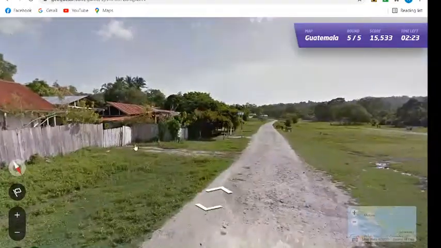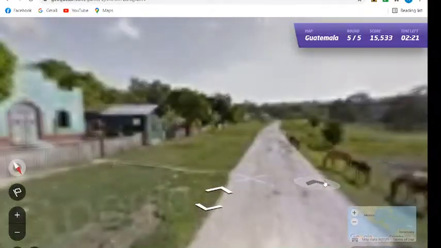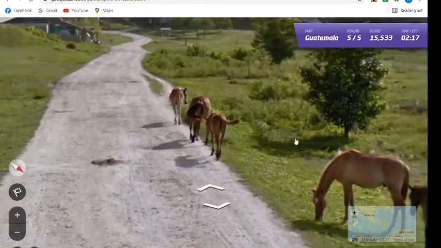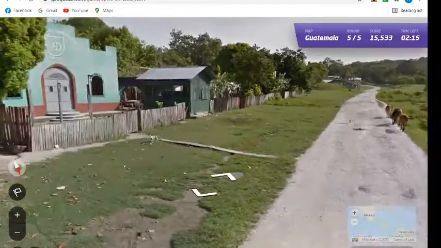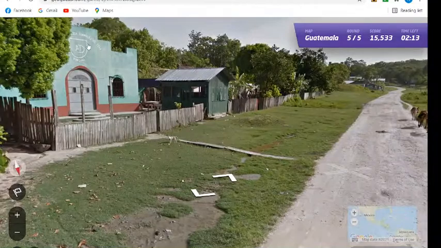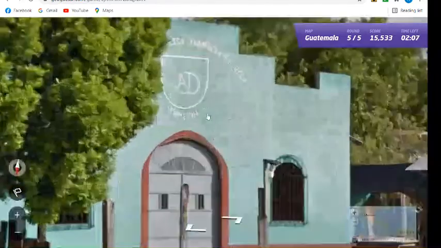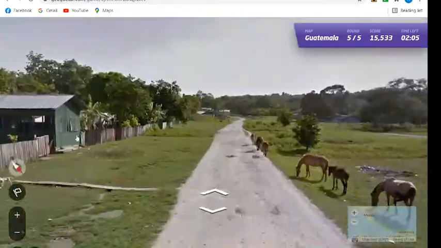There's the bananas again. We have street horses. We have Assemblies of God, Pentecostal church. Esmirna might be a location.